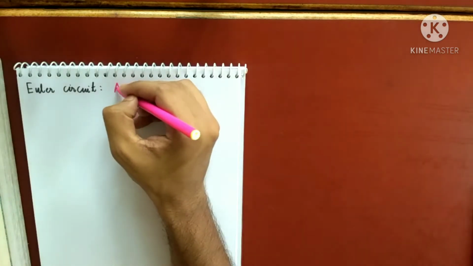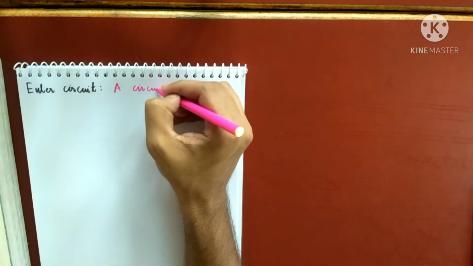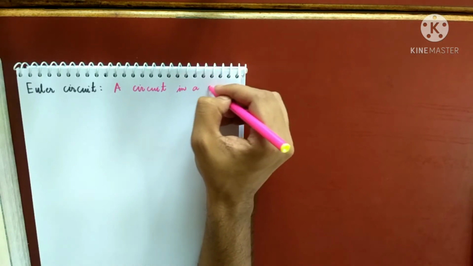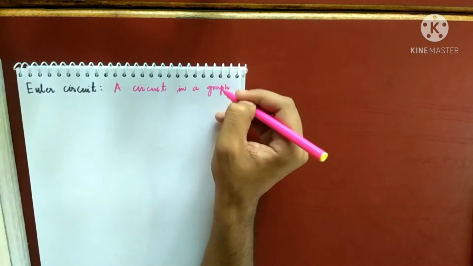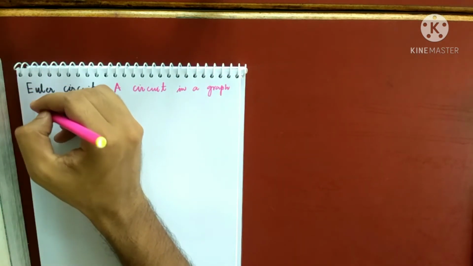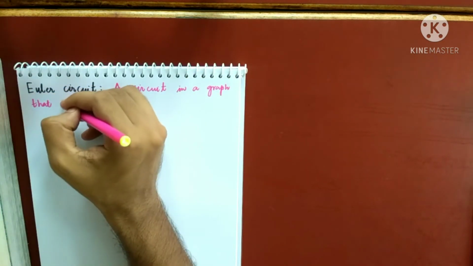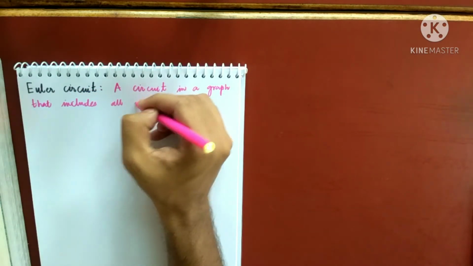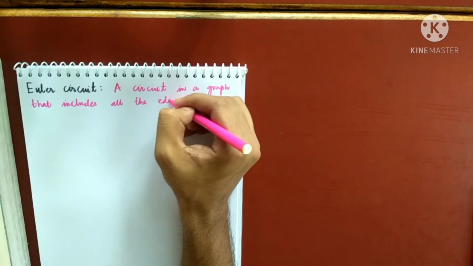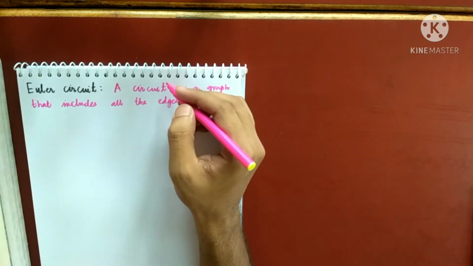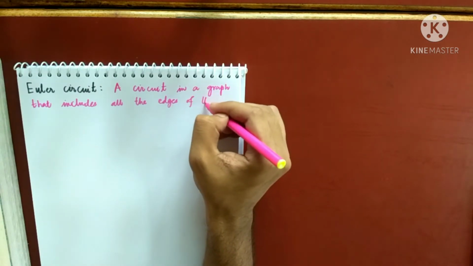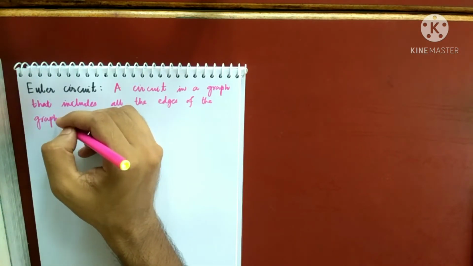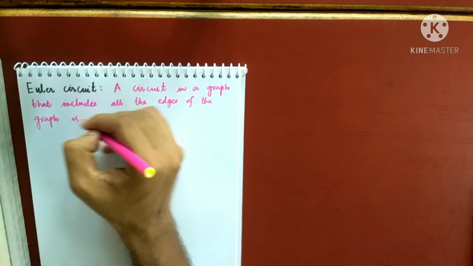A circuit in a graph that includes all the edges of the graph is called an Euler circuit.